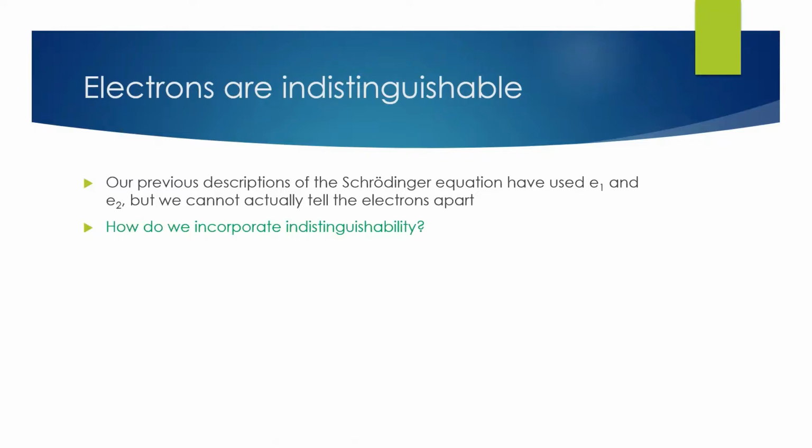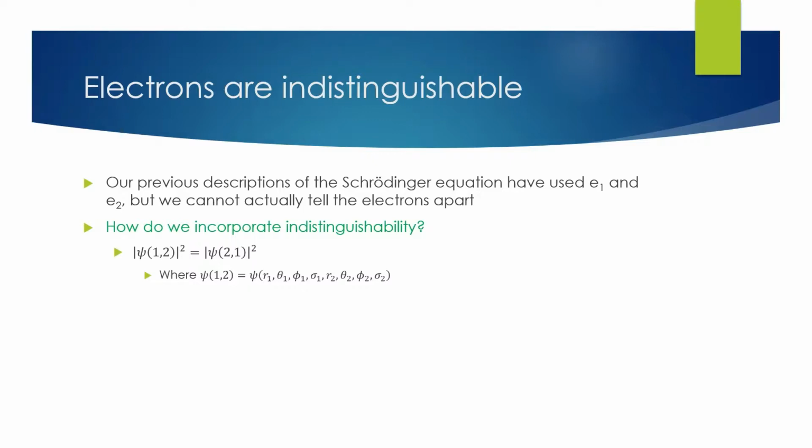So we need to ensure that the square of the magnitude of our wave function, and here I'm writing 1, 2, where 1 is now all of the variables for electron 1, and 2 is all of the variables for electron 2. If I were to completely swap those, so that my wave function, instead of being a function of 1, 2, is a function of 2, 1, and of course I'm always squaring that, these two need to be equal to each other.